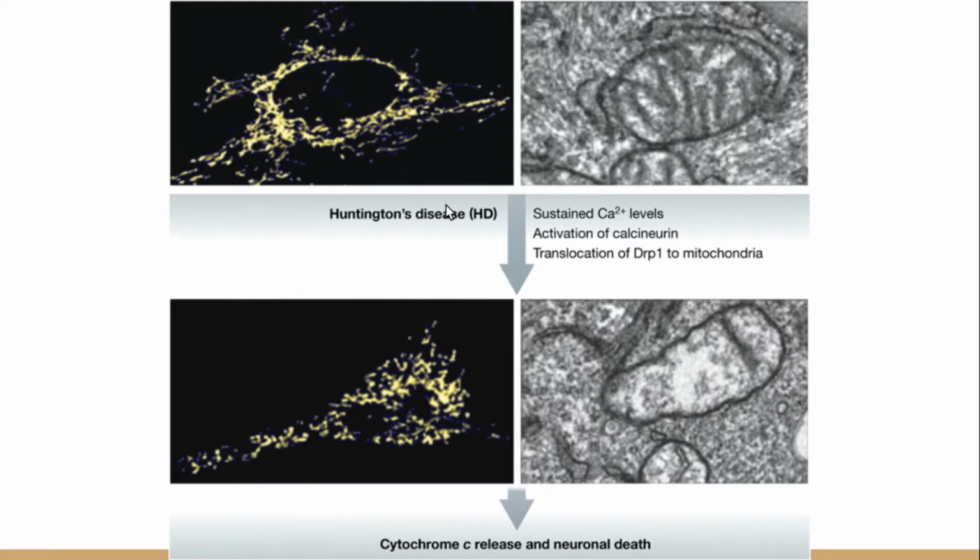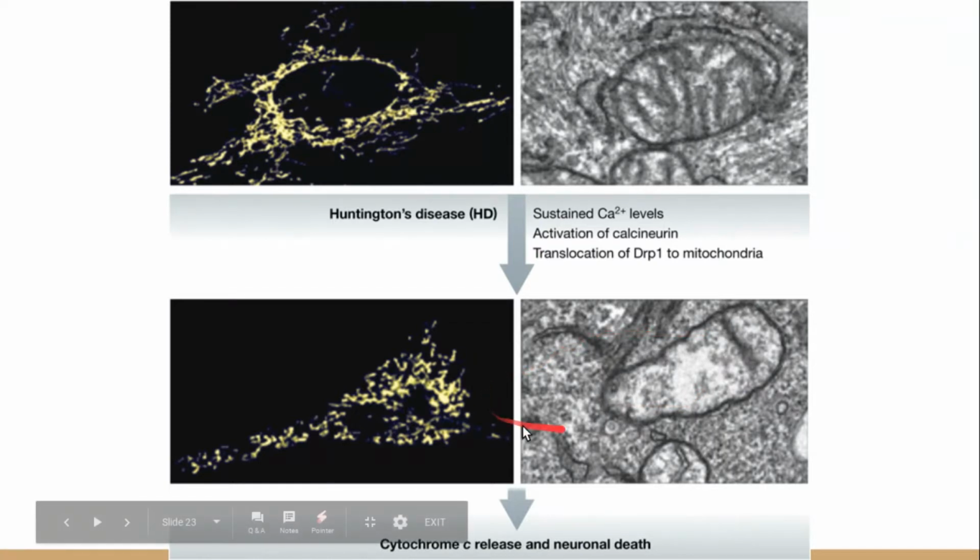So medium spiny neurons appear to be uniquely vulnerable to mitochondrial insults. The mitochondria of late-stage HD patients tend to be hyperfragmented and contain abnormal cristae.